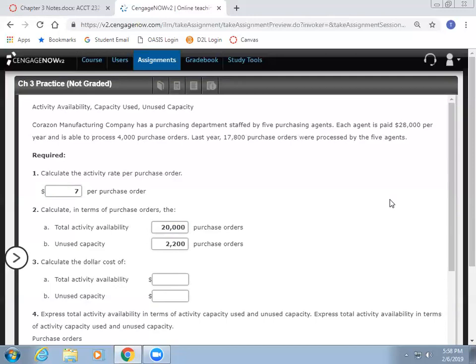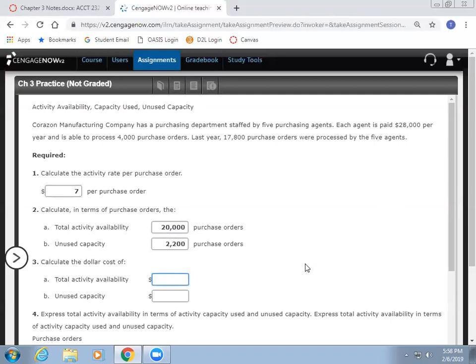And here we're assuming that 17,800 was what was needed processing. You know, we didn't have a labor inefficiency. We're just assuming that that's all the purchase orders that were available to process. Okay. So they have some idle time, right? I'm sure they're complaining. So what's the total activity availability in dollars? 140,000.